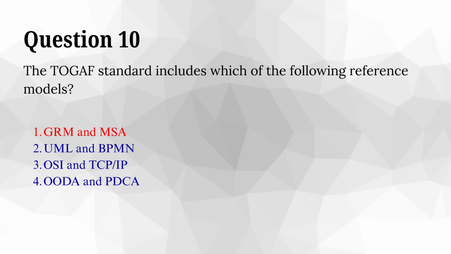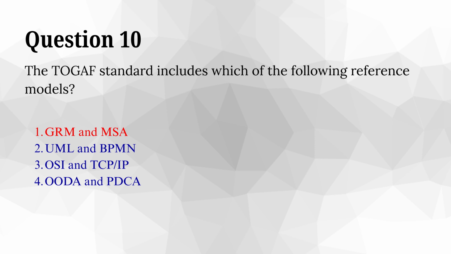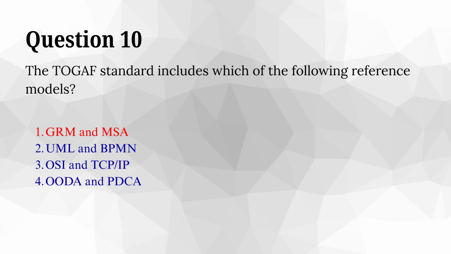Now, let us understand this question carefully. In TOGAF, reference models are standardized models that provide guidance and a common foundation for developing enterprise architectures. One important point to remember is that TOGAF includes reference models to help organizations create architectures in a more structured, consistent, and reusable way.